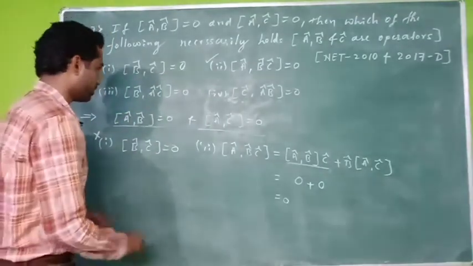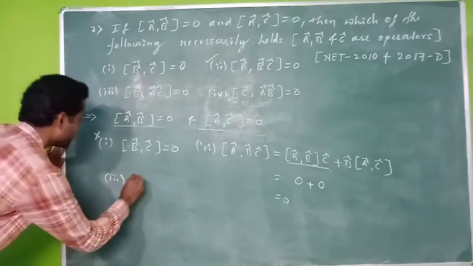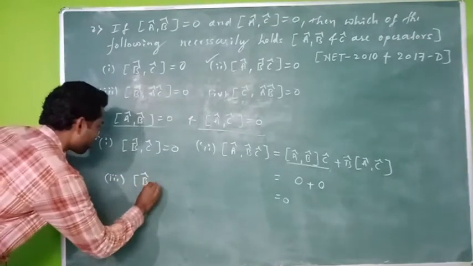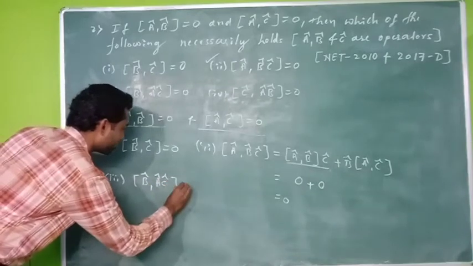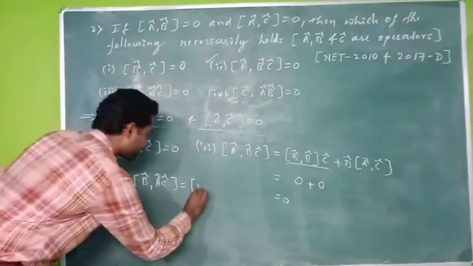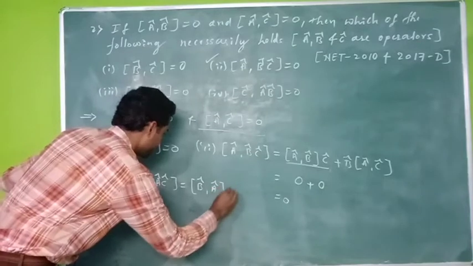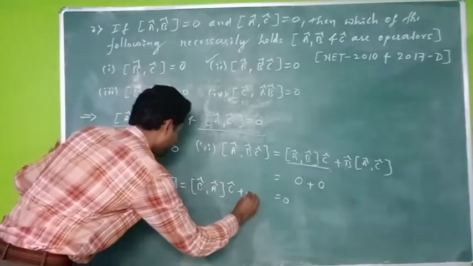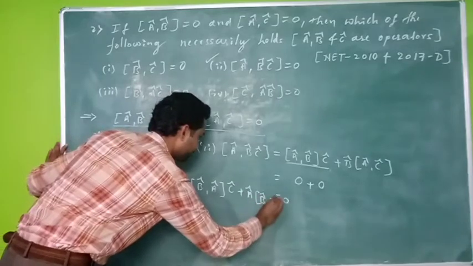Let us try the third option. What is that? The commutator of B with the multiplication of these two operators, AC, is equal to what? By making use of the distributive property, I can write this as the commutator of B and A multiplied by C, plus A as it is multiplied with the commutator of BC.